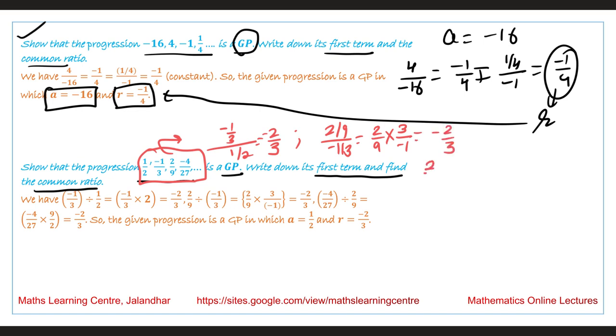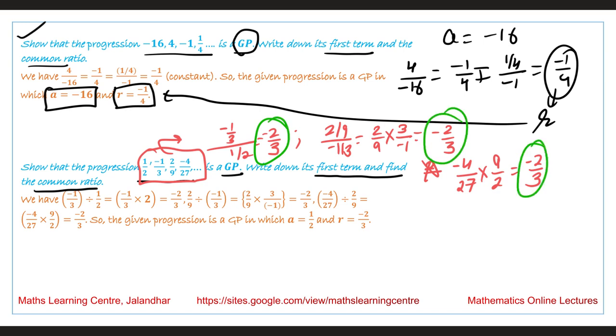Similarly, the next term we have is minus 4 by 27 into 9 by 2, that is equal to minus 2 by 3. So in all these cases the ratio we have is minus 2 by 3. So the value of r is minus 2 by 3.